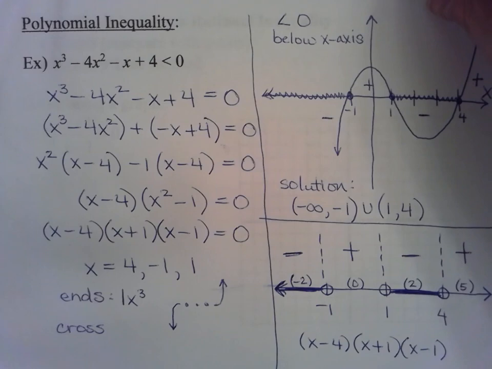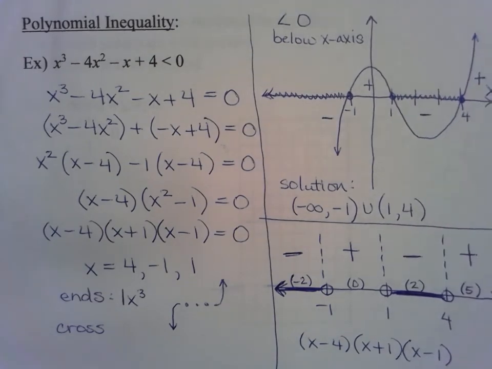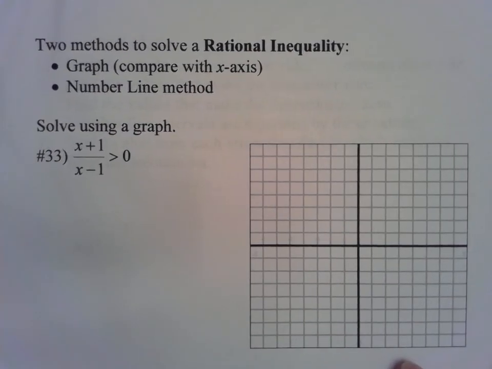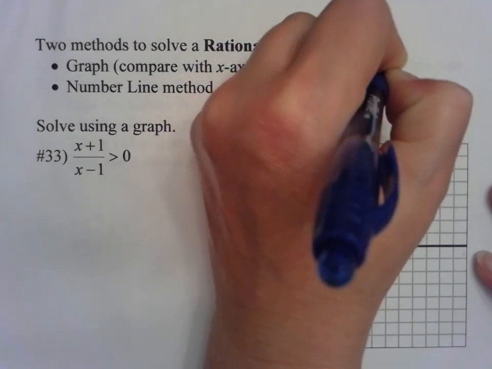Okay, so now we're going to take those same two methods and apply it to a rational inequality. So this would be those functions that were our fractions. Okay, and we have the same two methods. We can use the graph or we can use the number line. The graphing method is exactly the same. The only difference would be that we're interested in finding, I'll just put this as a side note, the x-intercepts.